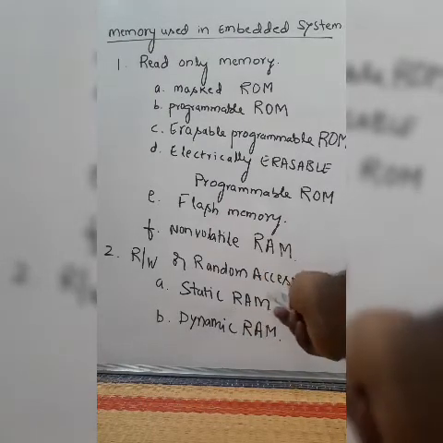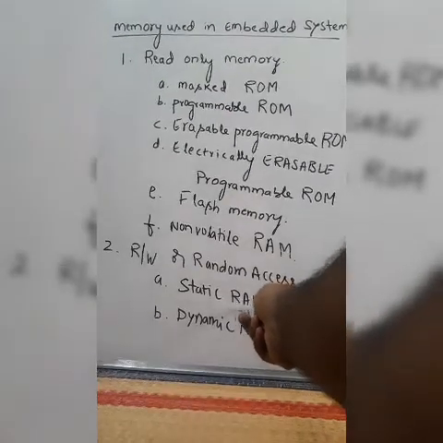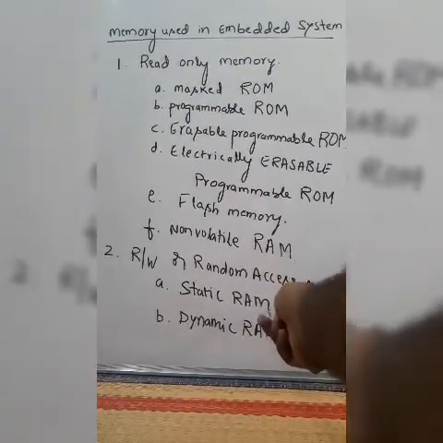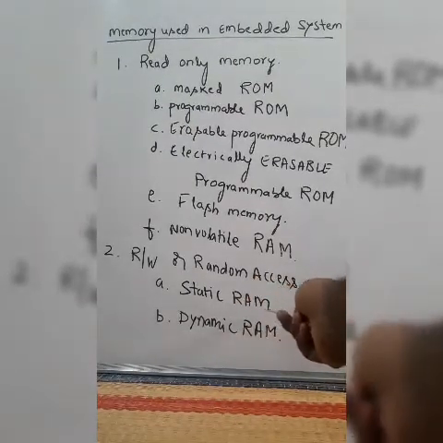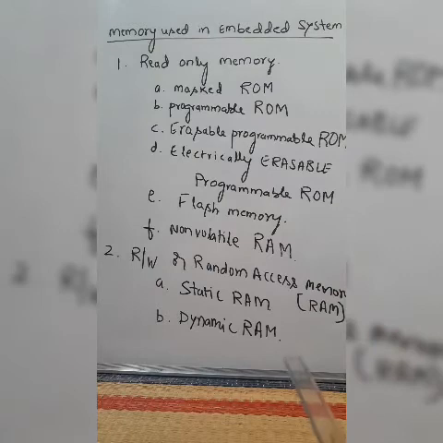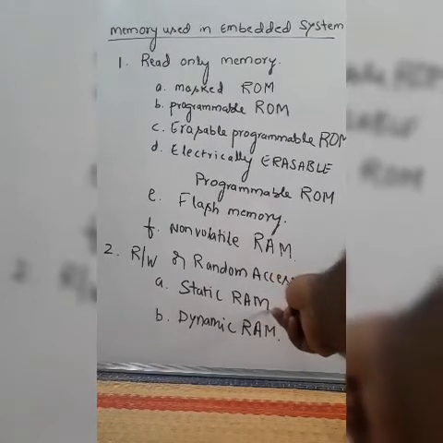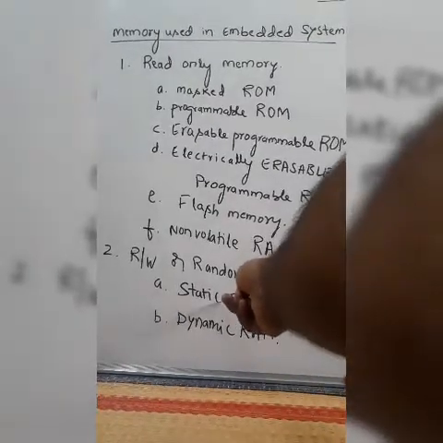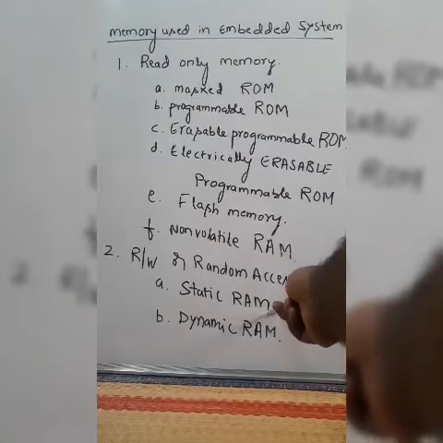Static RAM will involve more of NMOS, PMOS kind of transistors. So a flip-flop kind of arrangement is done in static RAM. It stores the information in the form of voltage. So static RAM can retain the information longer because it stores the information in the form of voltages.